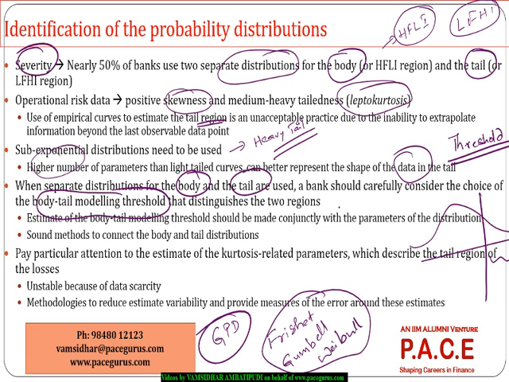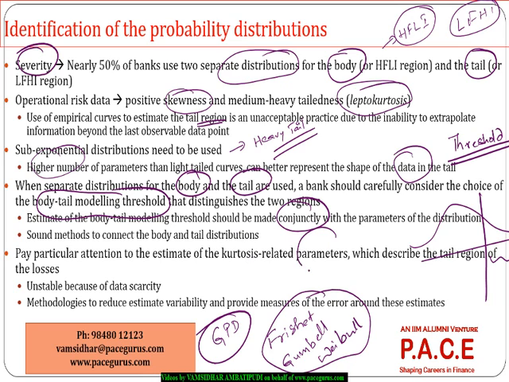So that threshold has to be made not in isolation, but in line with the parameters of the distribution itself. So it has to be dynamic. I should have a very solid mechanism to really identify the threshold as well as the distribution.